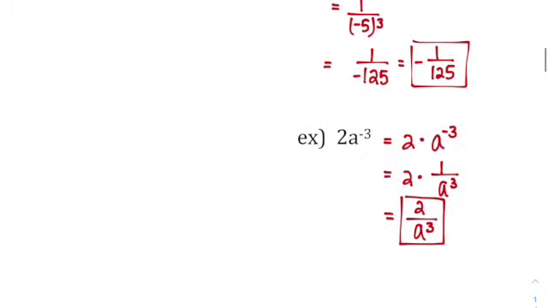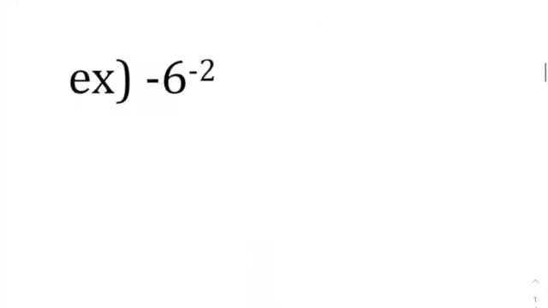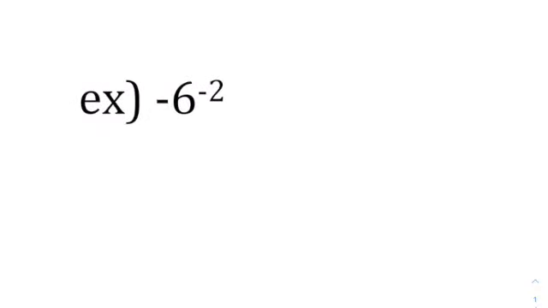Let's try to do the next one together because it's a little bit tricky. The next one is negative 6 to the negative 2 power. That is really negative times 6 to the negative 2. Now 6 is the only one that gets flipped, not the negative sign, so it doesn't make any difference. So it's going to be negative 1 over 6 to the second power.